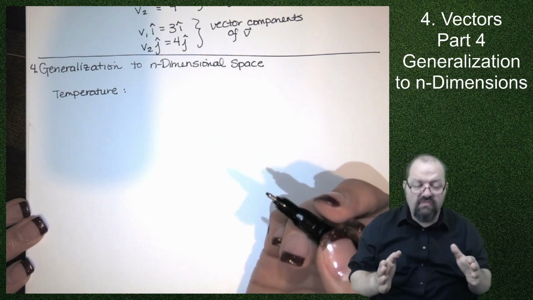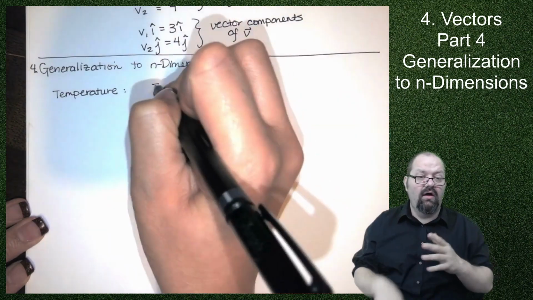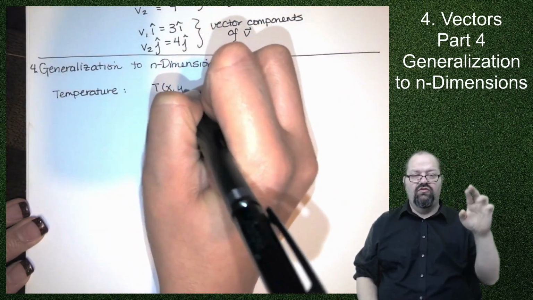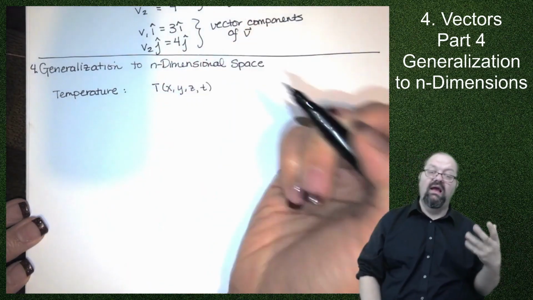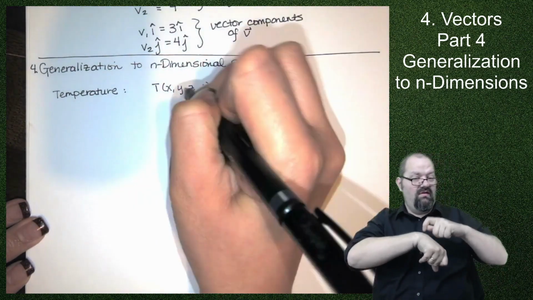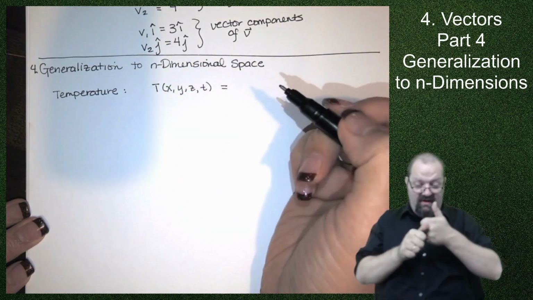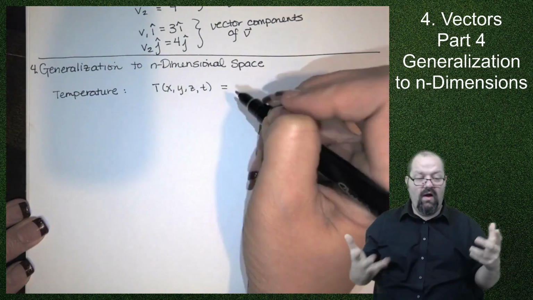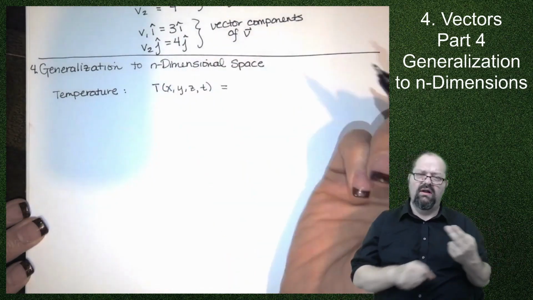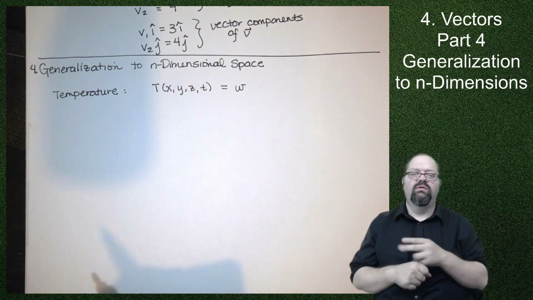It could also just very simply depend on X, Y, and Z, so 3 spatial coordinates. And it could also depend on time. So we've got 4 variables here, and for each of those 4 variables, I'm getting a 5th variable, temperature. I want to use capital T again, but I've used it to name my function, so I'm going to use the letter W to represent temperature.